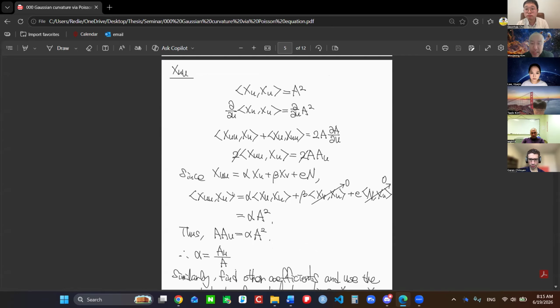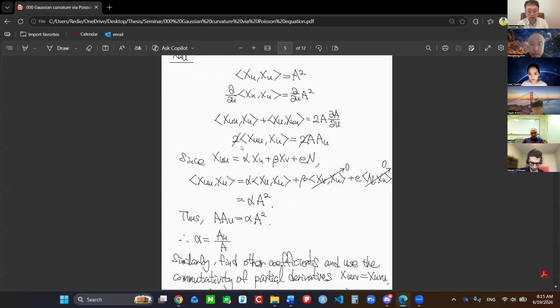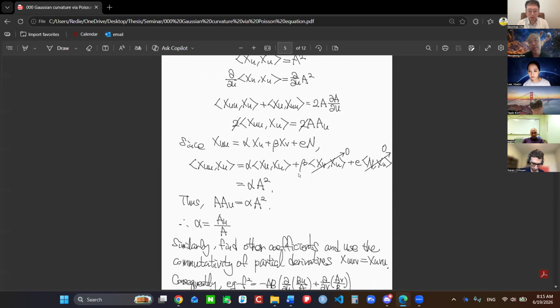So we can just solve this system of equations. So xuu is like this. We can substitute into this inner product. So this is going to be alpha. We can factor out the inner products xu and xv as follows.